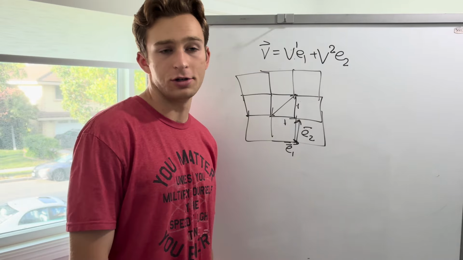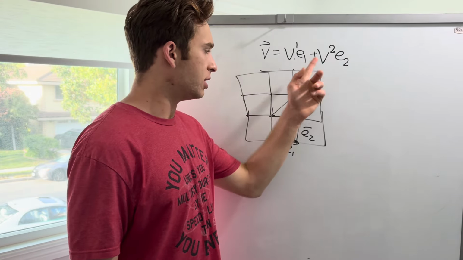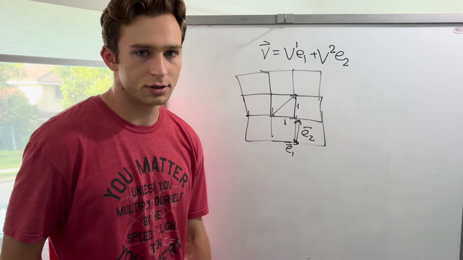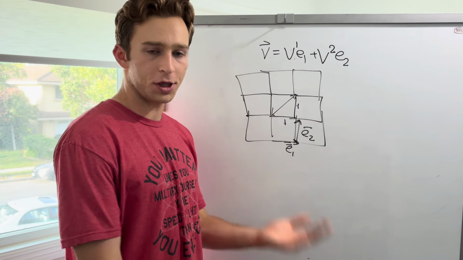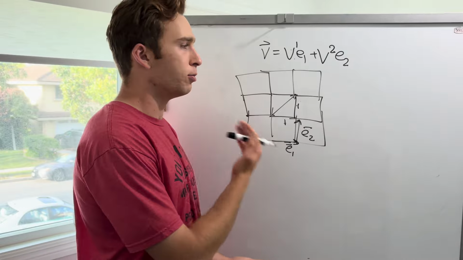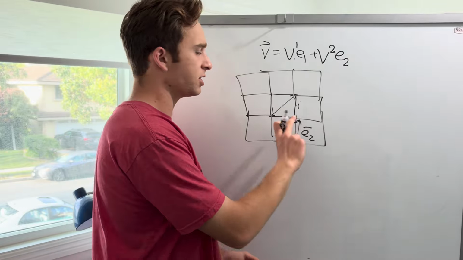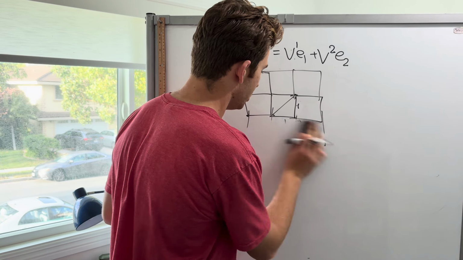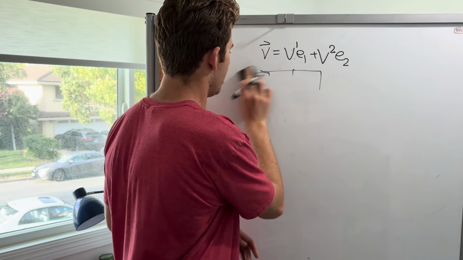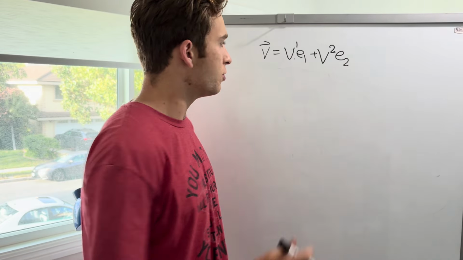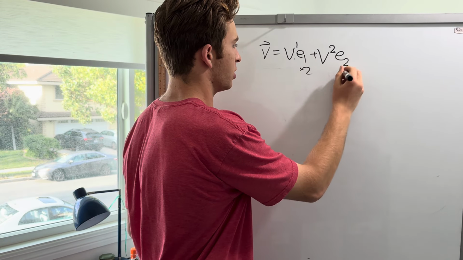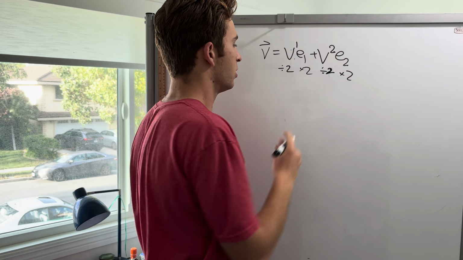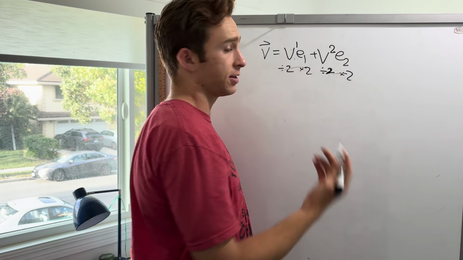I'm actually going to throw in a new vocabulary word as well. E1 and E2, the basis, are both covariant vectors. They're co, or with the grid. So when you multiply the grid by 2, that means the basis vectors grow by 2. And if you think about it, if you multiply this by 2 and this by 2, but then you divide this by 2 and you divide this by 2, this all cancels out.